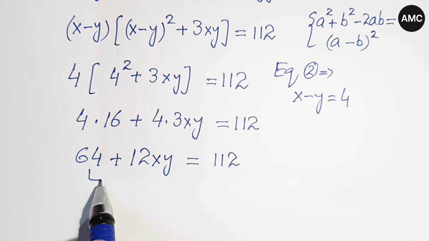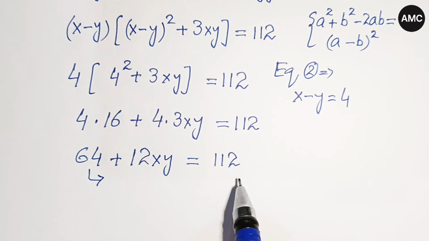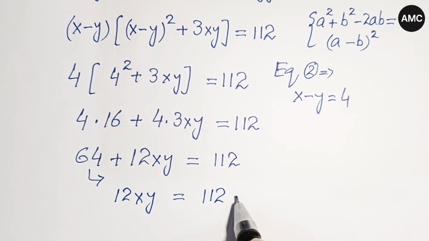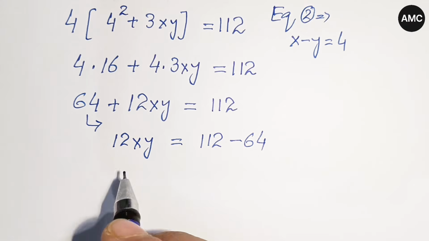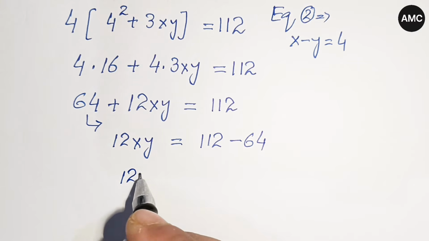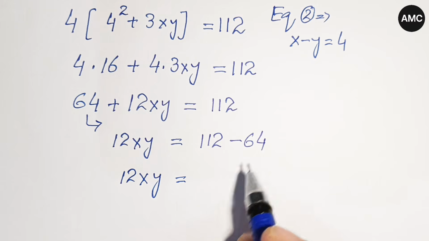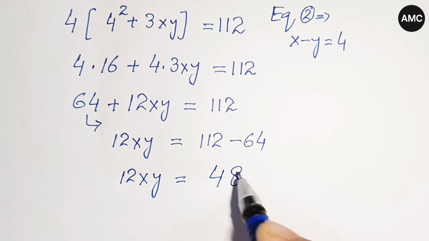Now shifting this 64 to our right hand side, we get plus 12xy is equal to 112 minus 64. Now we have 12xy is equal to 112 minus 64, we get 48.